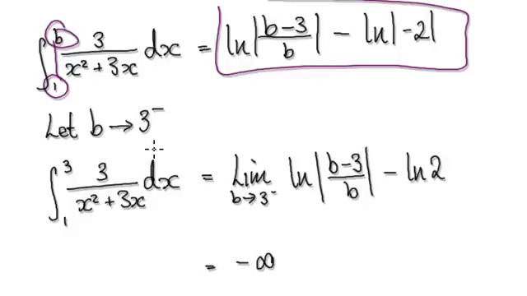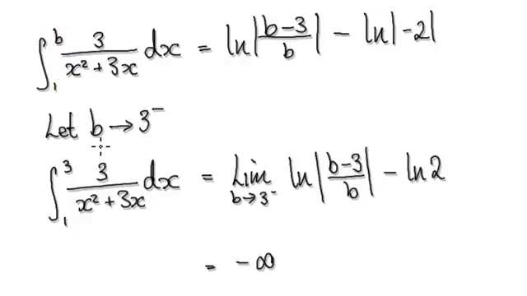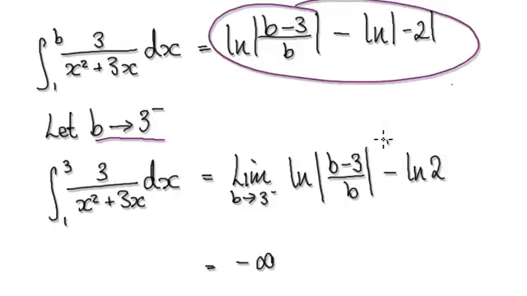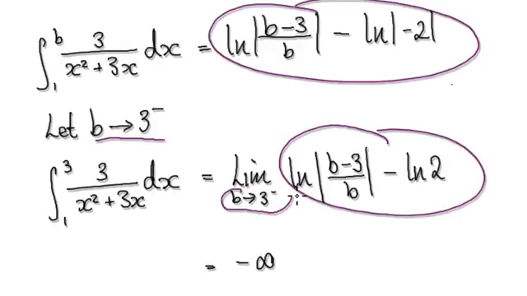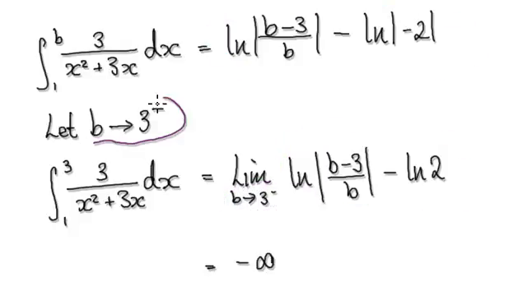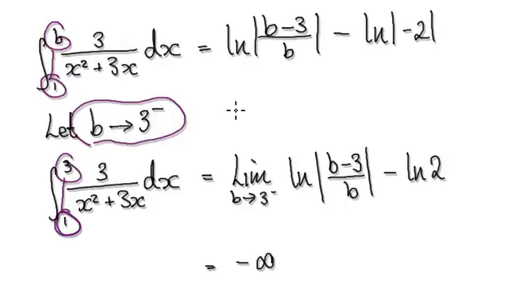But now we're going to let B head towards 3 from the left hand side, meaning take the limit of this whole thing here as B heads towards 3 from the left hand side. For the minute you allow B to head towards 3, you are no longer integrating from 1 to B. You can actually say you're integrating from 1 to 3, because you've taken the limit as B tends towards 3 from the left hand side.